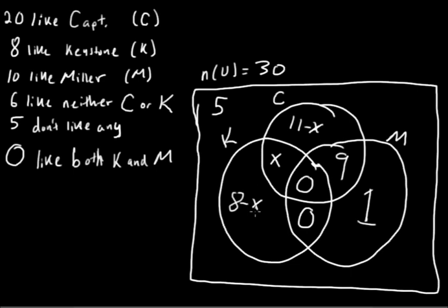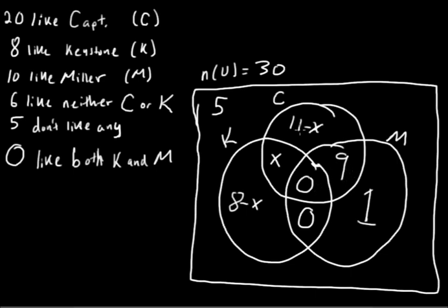So now we can solve for x, and how we're going to do that is like this. First of all, now that we've defined every value here for each of these different partitions, we know that it has to total up to 30. There's 9 here, 1 here, and 5 here of definite values, so that totals up to 15, and there's 0 here.